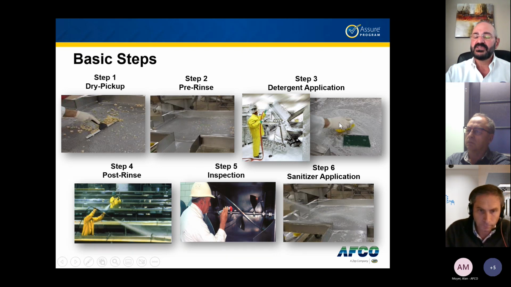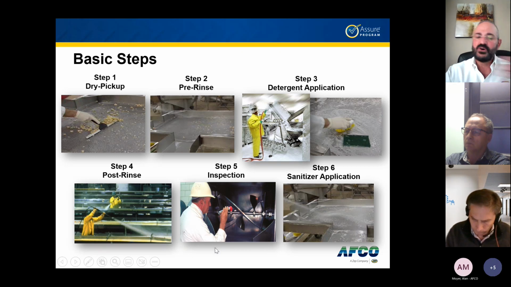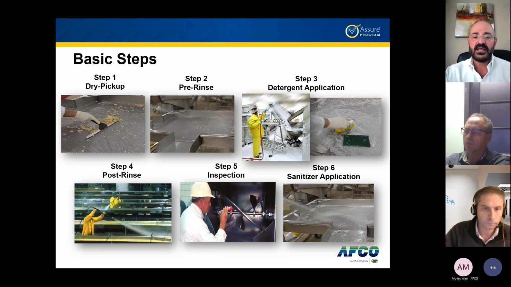And then we apply the detergent, whether it's foaming or manual, whatever; even in CIPs, you do the same. After we apply the detergent, let it sit for a while. We rinse the soap off with warm water. Before we sanitize, of course, we inspect the equipment to make sure it is clean and there is no food residue on the surfaces, because remember what we said, we can't sanitize surfaces that contain organic matter.